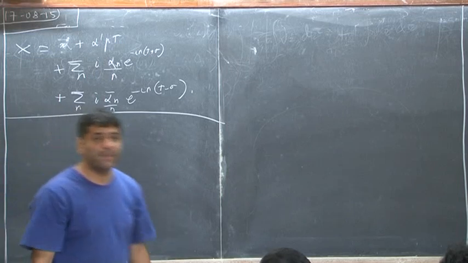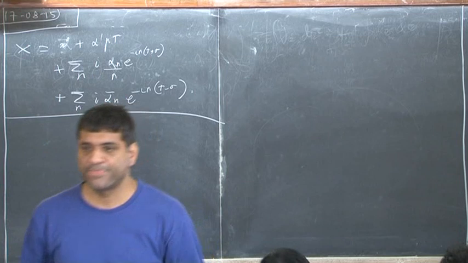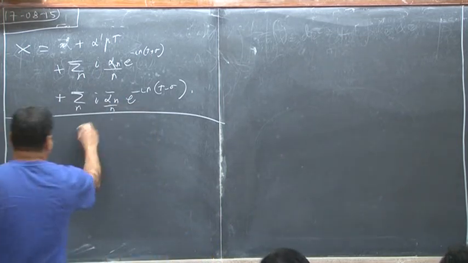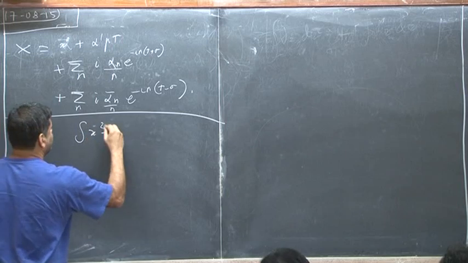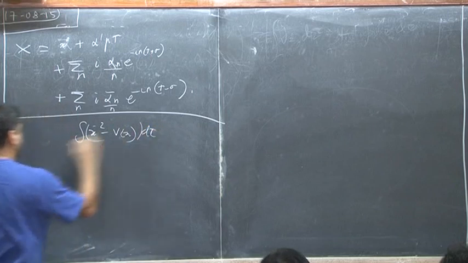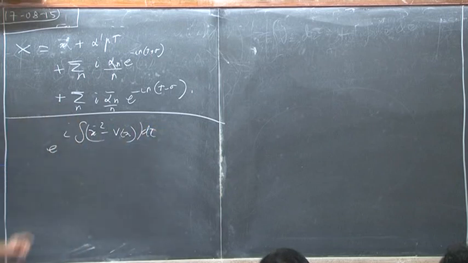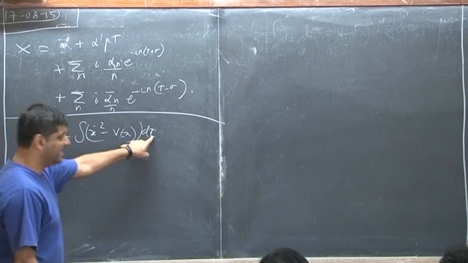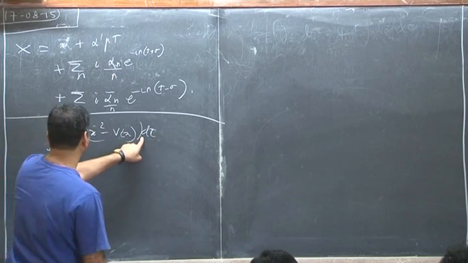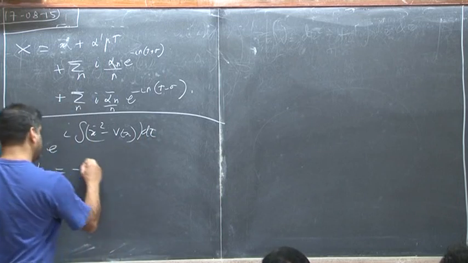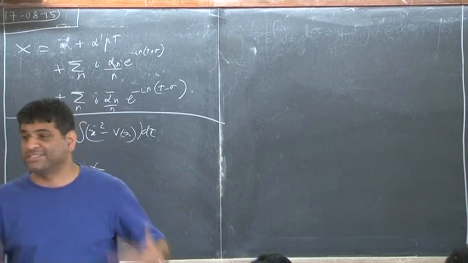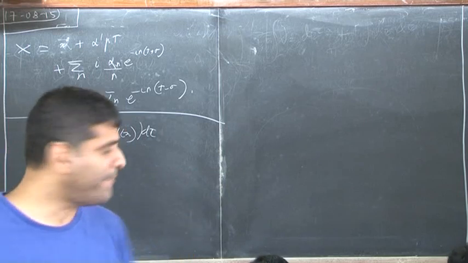Now I'm going to take this expansion and continue into Euclidean space. You remember we discussed that in quantum mechanics: if you have the integral of x dot squared minus V of x dt, e to the power i times this, the continuation of t Lorentzian is equal to minus i t Euclidean, which gave us the Euclidean functional.